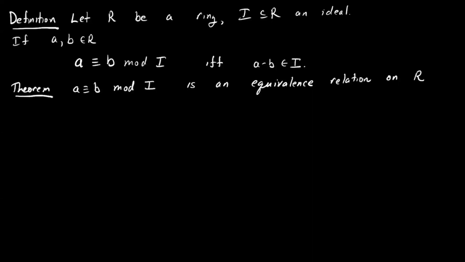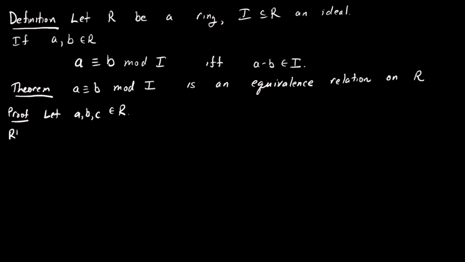Okay, so this is going to be our first theorem, right? So just our definition is a is congruent to b mod I if and only if a minus b is an element of I. And we'll claim that congruence modulo I is an equivalence relation on R. So let's begin our proof. We'll start with: let a, b, and c be elements of R, right? These are generic elements of R. And I need to prove three properties, right? I have to show that this relation is reflexive, symmetric, and transitive.